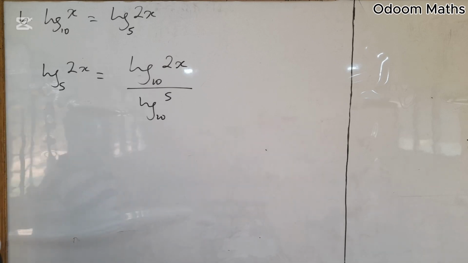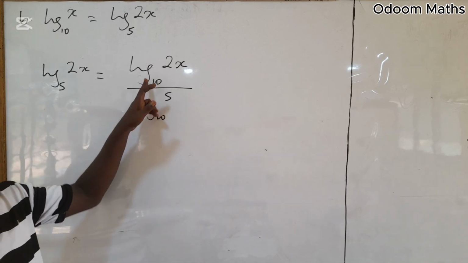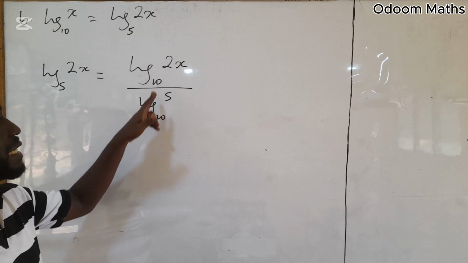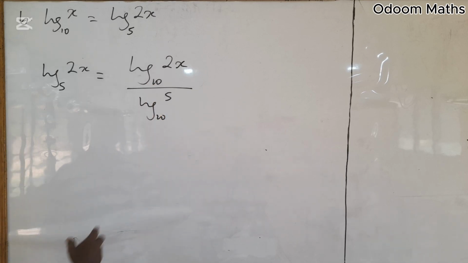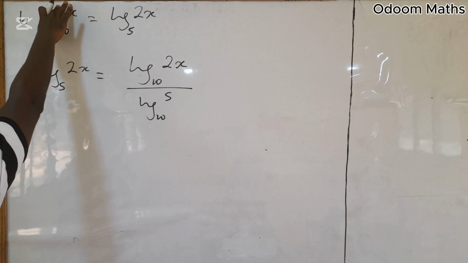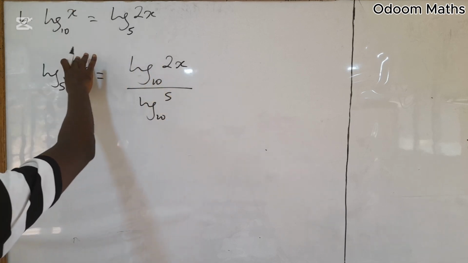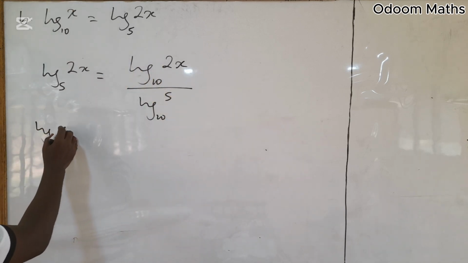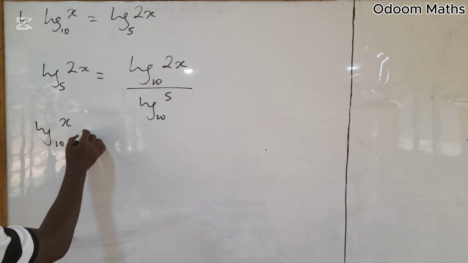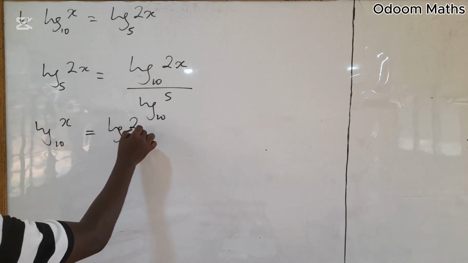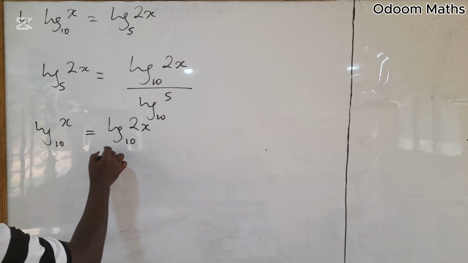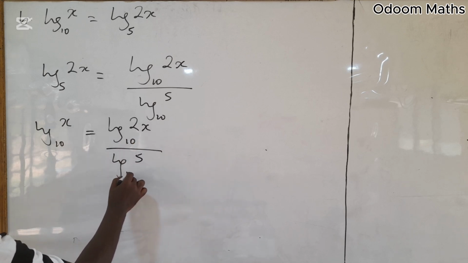Like I said earlier, I have introduced the number 10 as a base. So let's continue. I'm going to equate this and this one. So log x base 10 is equal to log 2x base 10 over log 5 base 10.